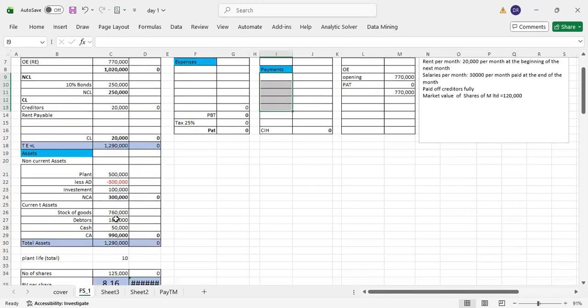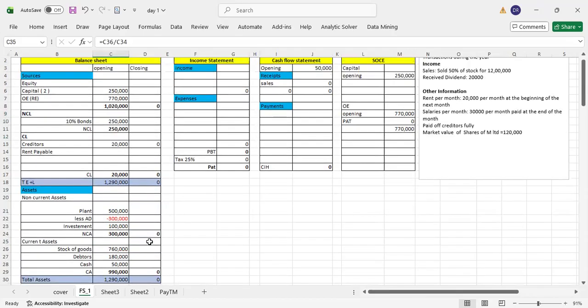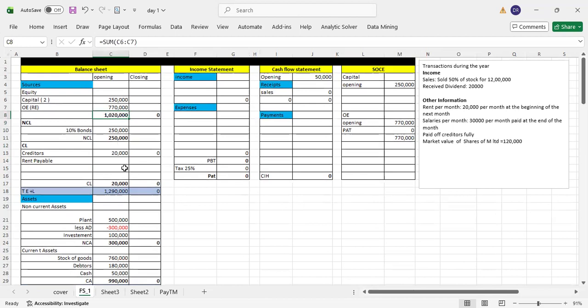With this information, we can also derive some additional information that is called the book value per share. The book value per share is the equity per share, and equity per share is also known as the asset backup per share. So at this juncture, equity is equal to 1.02 million. We can see that.